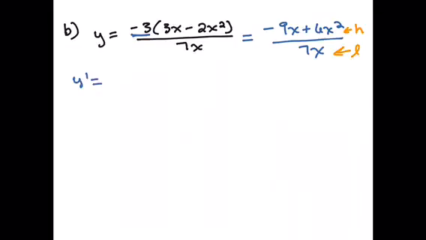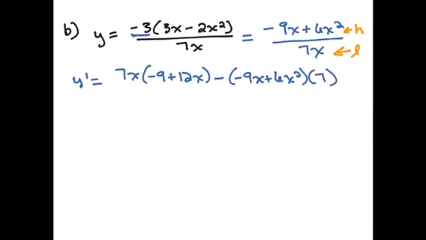My derivative is low d high, which would be negative 9 plus 12x, minus high d low, which would be 7, over low squared. So we're going to distribute.